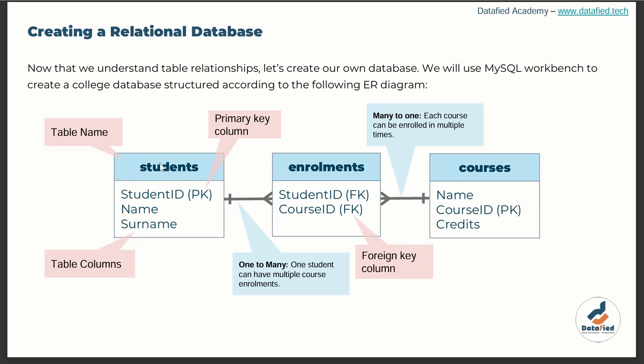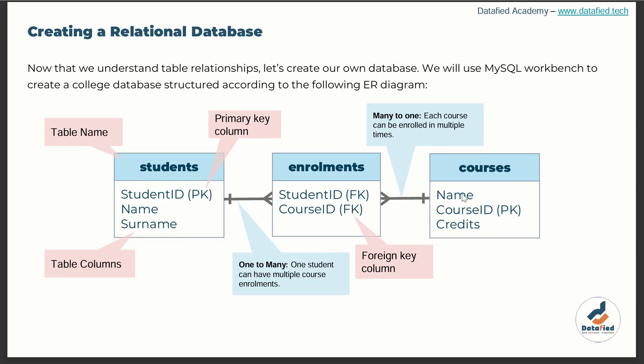For the students table, we will have three columns: the student ID, which is going to be assigned the primary key, the name, and the surname. For the enrollments table we would have the student ID and the course ID. These two IDs will be the foreign keys on this table.